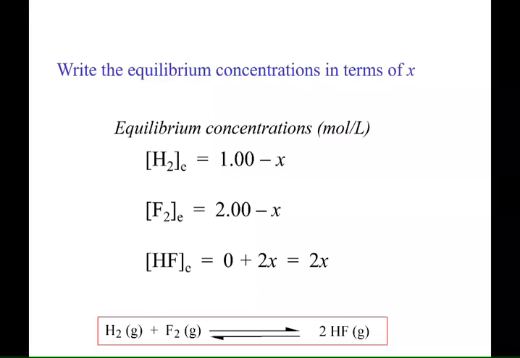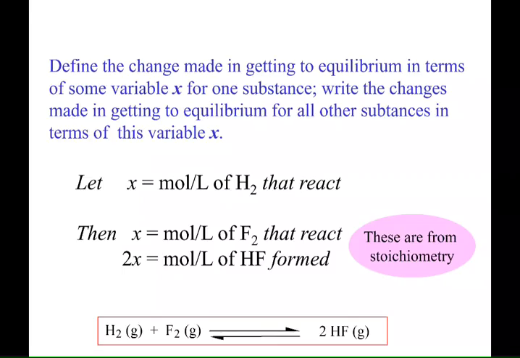To communicate the answer to your problem, you have to tell me what X is. If you choose not to use an ICE table, especially on the exams, and you just introduce X, I have no idea what your X is. So you need to say: let X be equal to the change in molar concentration of, pick one with stoichiometric coefficient of 1.